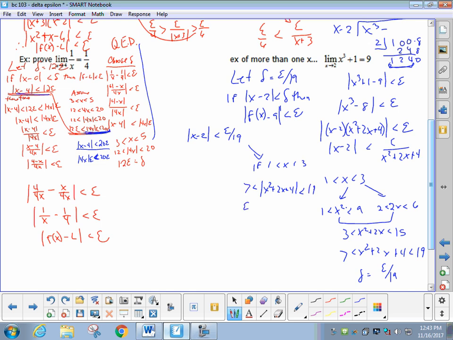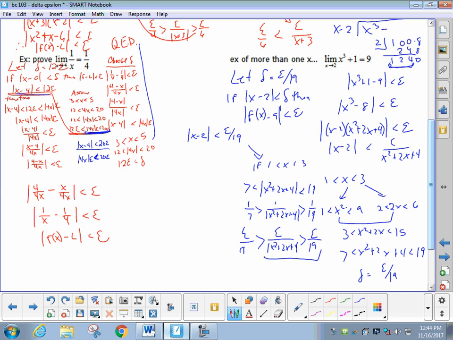So epsilon, oh no, switch it. 1 over 7 plus 1 over x squared plus 2x plus 4 is less than 1 over 19. Epsilon over 7 is less than epsilon over x squared plus 2x plus 4, which is less than epsilon over 14.